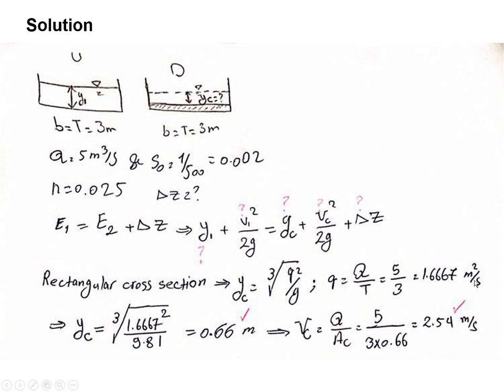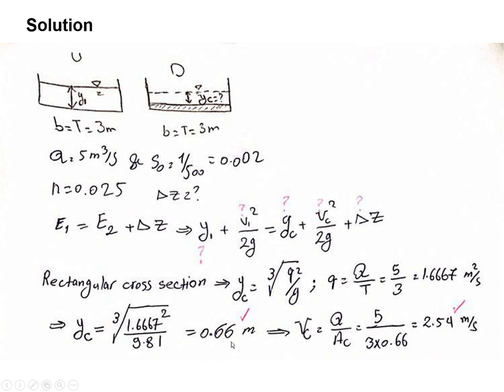So yc would be the third root of 1.66667 to the power of 2 over g, and the critical depth is at hand. Therefore, one of these unknowns is at hand.